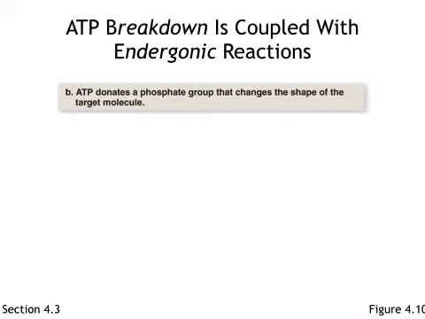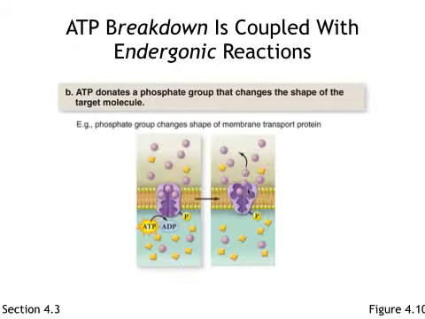Another example is when ATP donates a phosphate group that changes the target molecule. So that phosphorylation, where the phosphate attaches itself to a molecule, can change the shape of that molecule. An example here is a transport protein in the cell membrane that will transport things in and out.